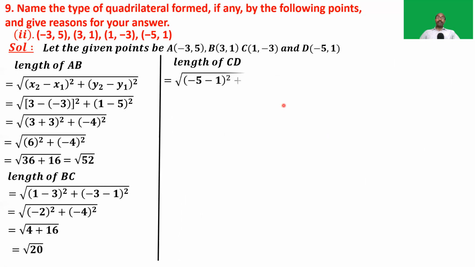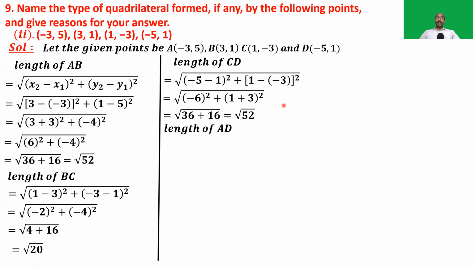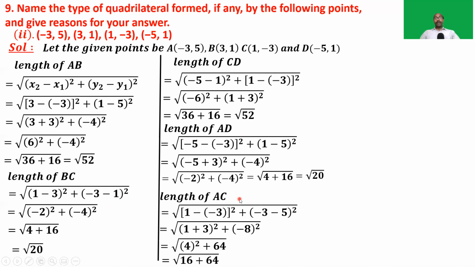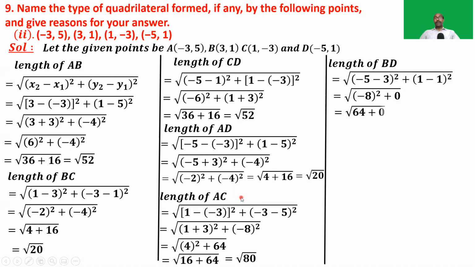Length of CD is equal to root 52 units. Length of AD is equal to root 20 units. Opposite sides are equal. And now let us check diagonals. Length of AC is equal to root 80 units and length of BD is equal to 8 units.